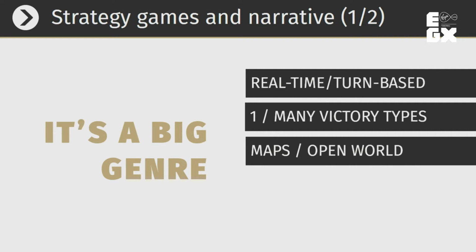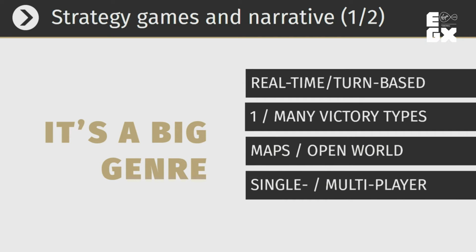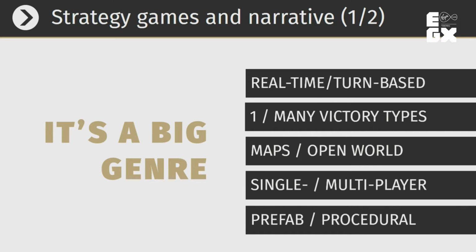You might have maps, a series of levels like a Warcraft or Heroes of Might and Magic, or it might be open world like the Amplitude games. A single-player game or a multiplayer game. Multiplayer doesn't work for a lot of narratives. You can't have 6 Nathan Drakes on the same map chasing the same artifact. It just doesn't work. And then, of course, prefab and procedural.